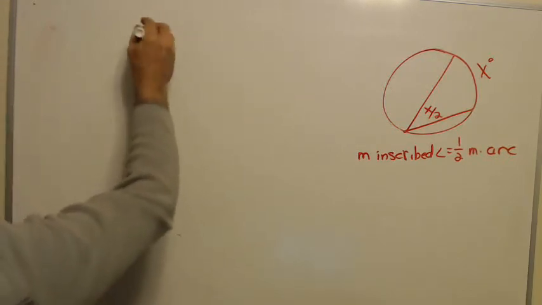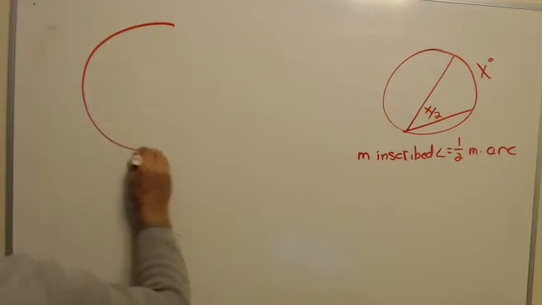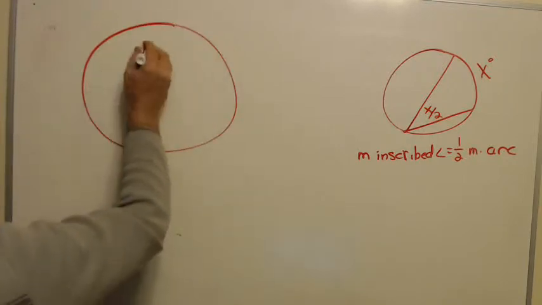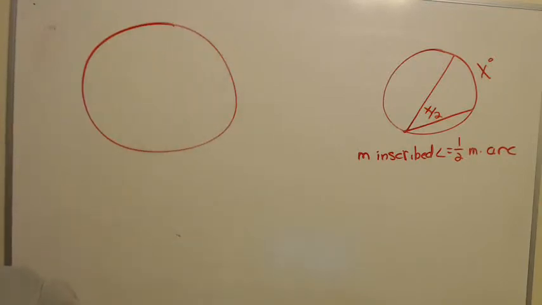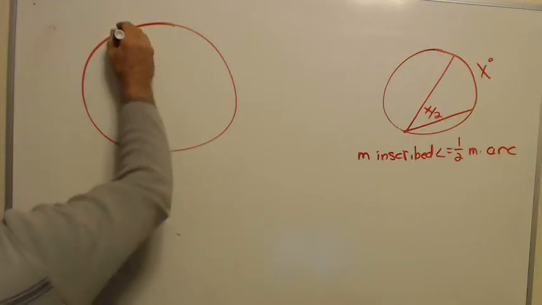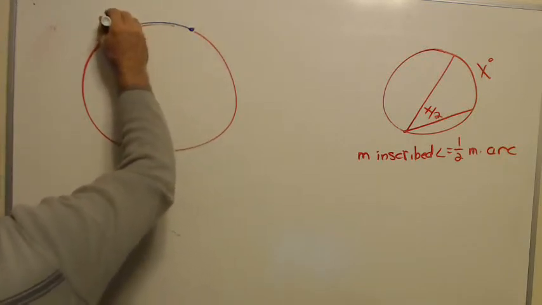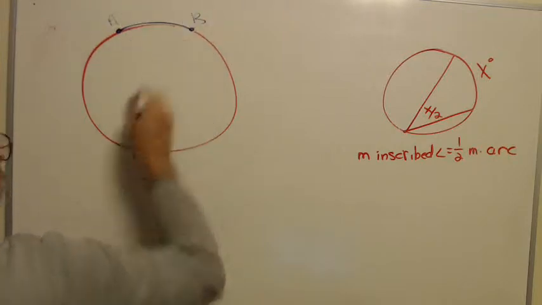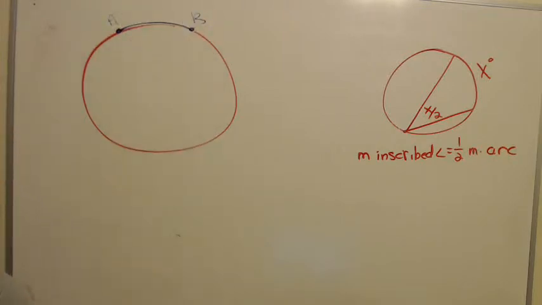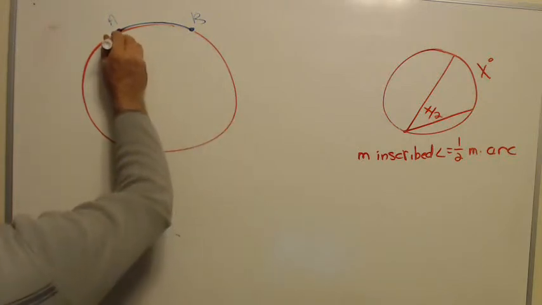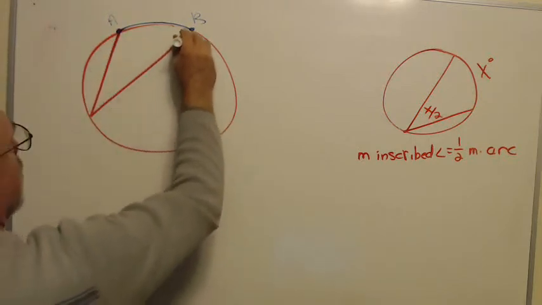Okay, look at this situation. In this circle, let's highlight some arc. Let's put an arc up here in blue, and let's call it arc AB. Notice here's an inscribed angle.